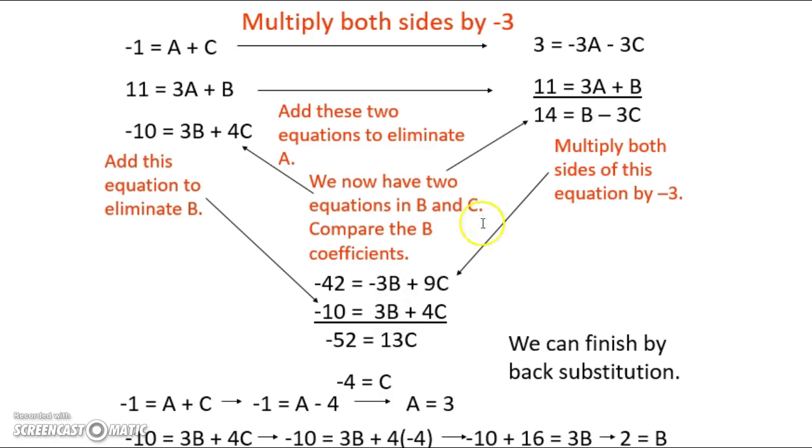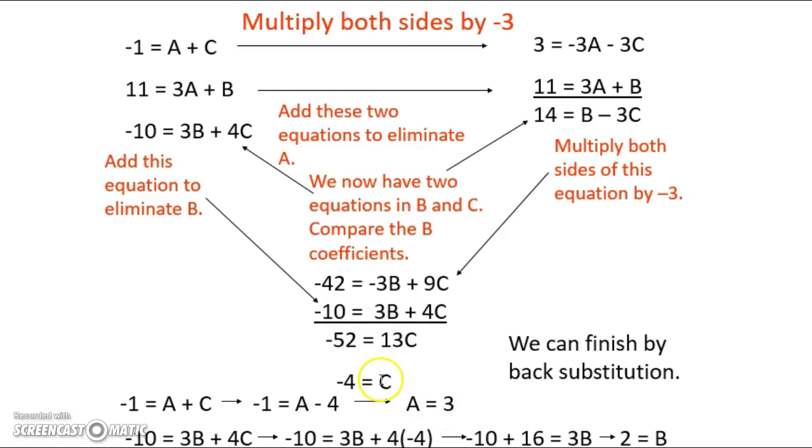So we have several steps here to eliminate and solve for our variables. But here with these two equations, we eliminate b, and that just leaves us with c. And we find out that c equals negative 4. Well, if we know what c equals, we can use this equation to solve for a, and then we can use either of the equations to solve for b.